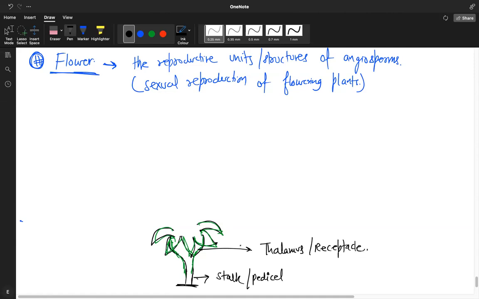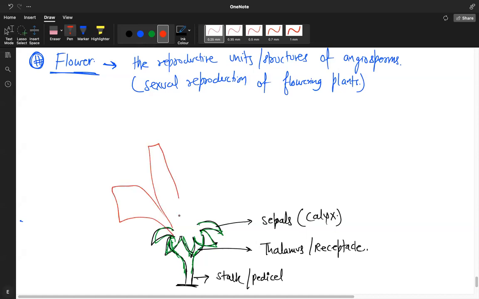Is it clear? And on the top of it, the second layer, you must have studied sepals, right? You know the word sepals? Yes. Scientifically, it's called calyx. And then in every flower, there are petals, right?